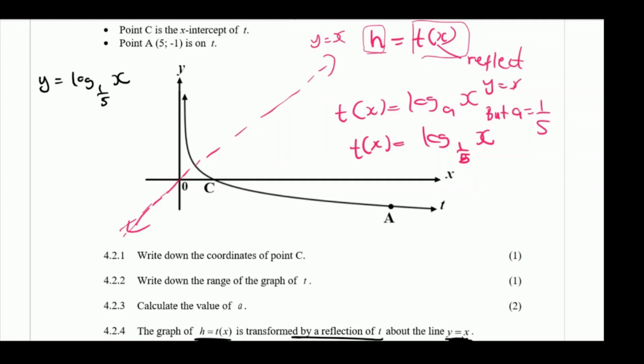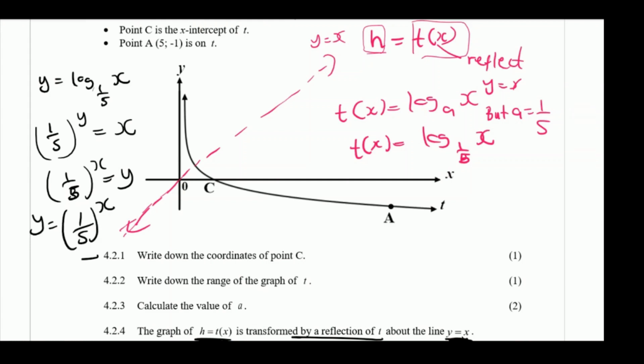So you just write this in exponential form, right? The 1 over 5, which is this base here, to the power of y is equal to x. But remember, when you do the inverse, we swap. Where there's x, you put y. Where there's y, you put x. So here, 1 over 5 to the power x is equal to y. So y is equal to 1 over 5 to the power x. So this is our equation of h, which is a reflection of t.